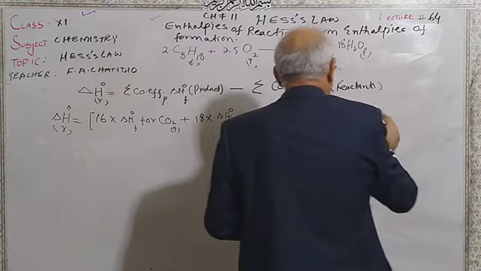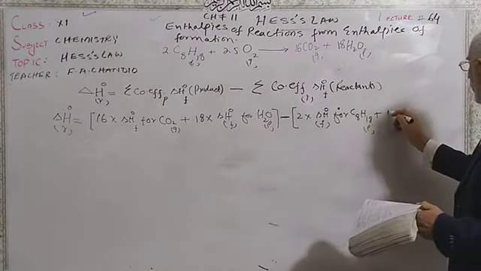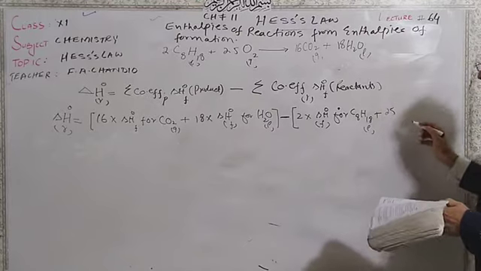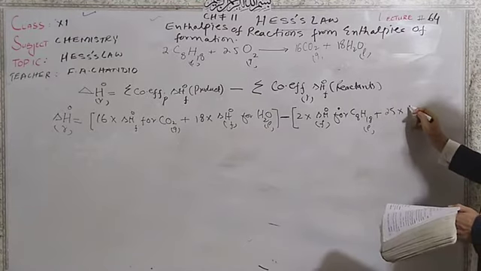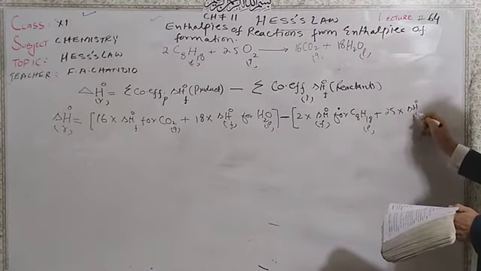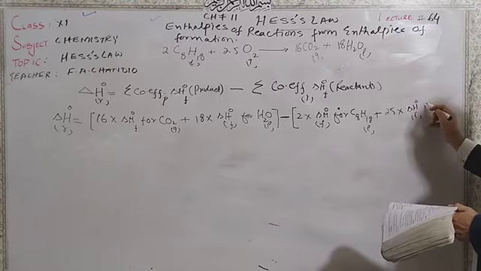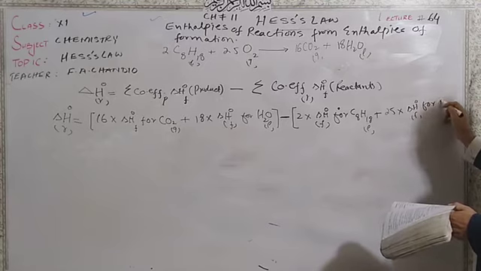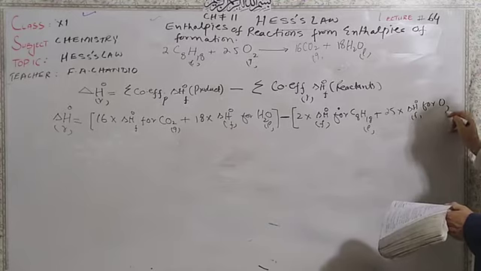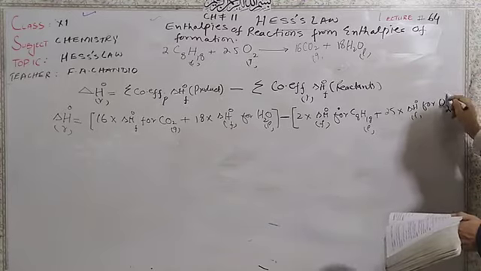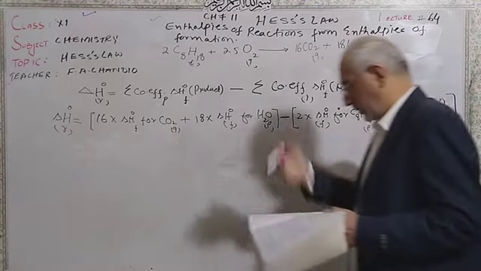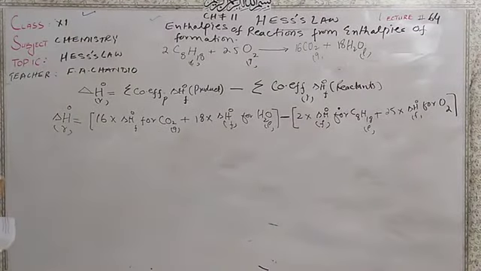Then plus 25 multiplied by the change in enthalpy of formation for oxygen gas. This is the formula. I put all these reactant and product sides in the reaction. Now you have to put in the values.